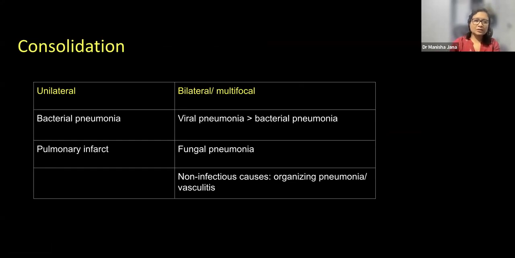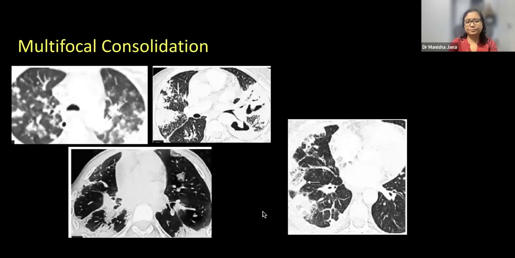Unilateral lobar consolidation is most commonly caused by bacterial pneumonia, the typical appearance, and pulmonary infarct is also one of those appearances. If there are multifocal or bilateral consolidations, we have to think about something other than typical bacterial pneumonia, like viral pneumonia, or even fungal or non-infectious causes.